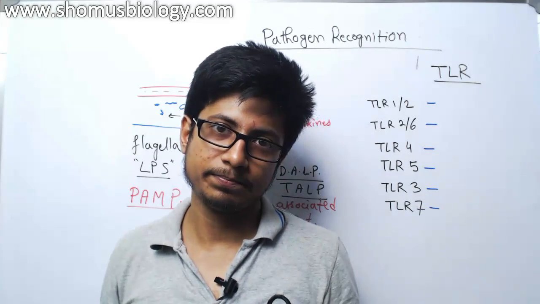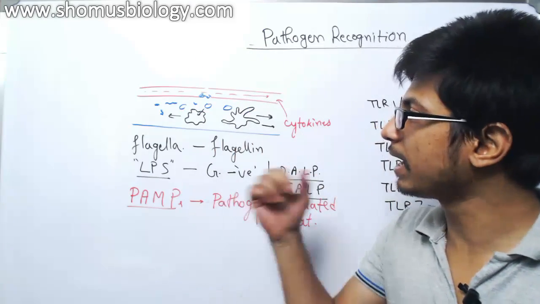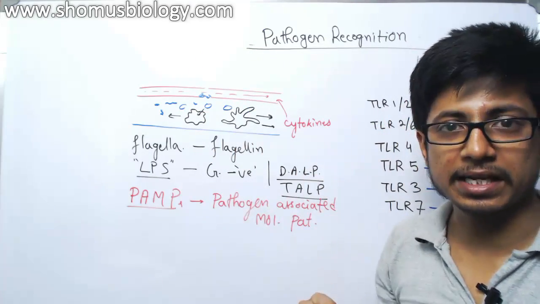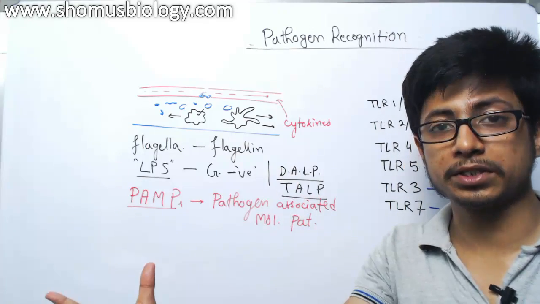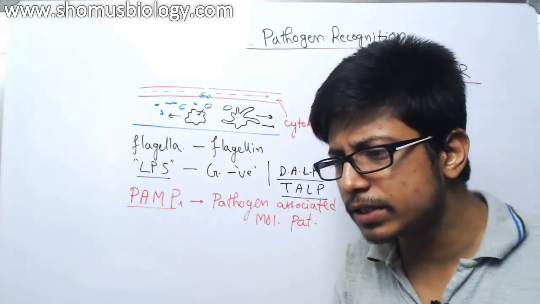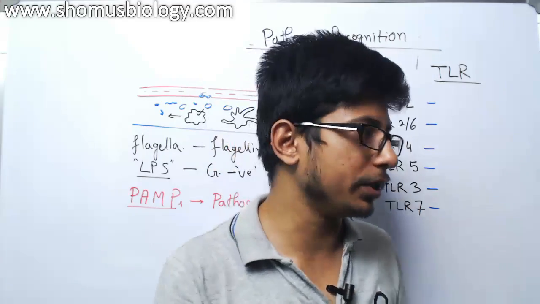Now these PAMPs can be recognized by several different receptors found in our immune system cells. Cells like macrophages and dendritic cells can find these PAMPs with the help of receptors. There are three types of receptors that I want to talk about here.